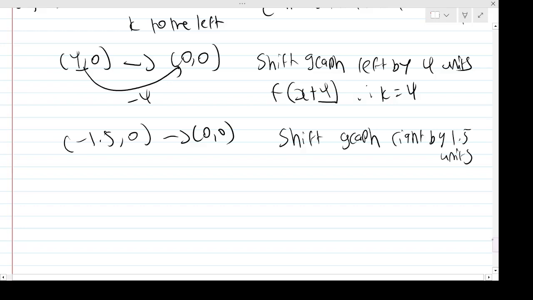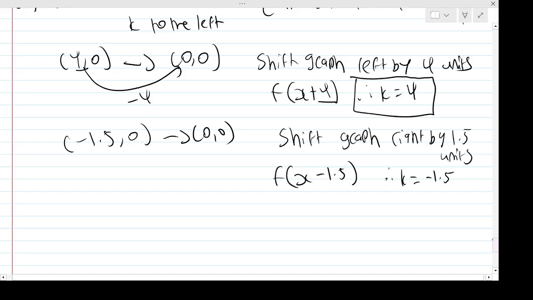Okay, so that means I need to add 1.5 to x. So as a function, we need to do the opposite. So therefore, instead of adding 1.5 to x to move the graph to the right by 1.5, I need to do the opposite. So x minus 1.5 instead. Therefore, k would be minus 1.5.